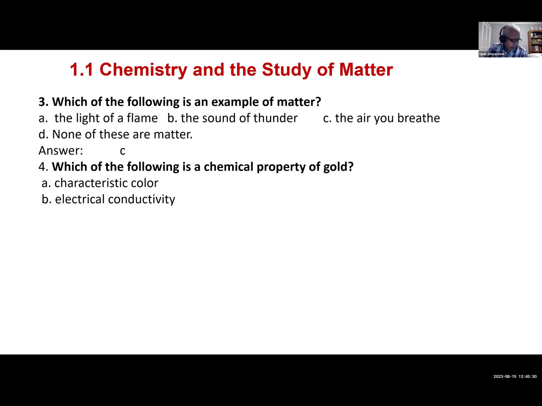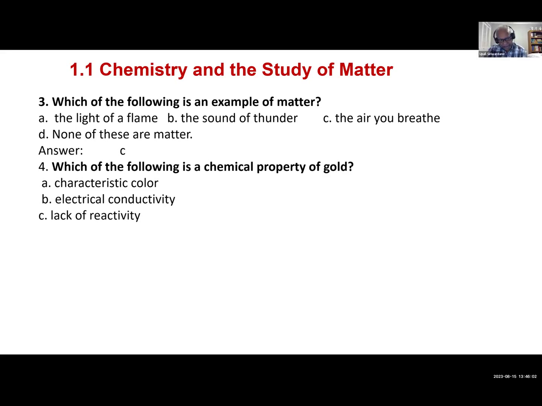Okay, if you have a wire and you pass electricity, does the wire change after passing electricity? No, unless it burns. It didn't burn, it just conducts electricity. Therefore, electrical conduction is a physical property. Yes, that's physical.